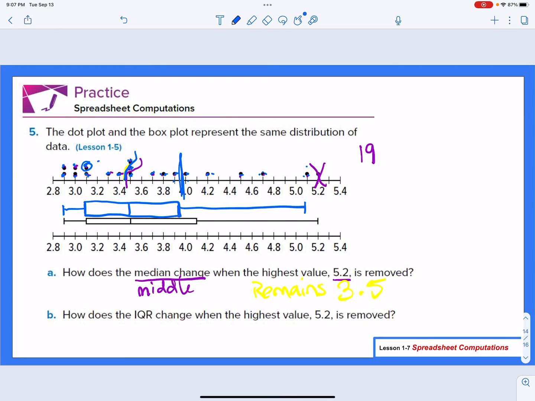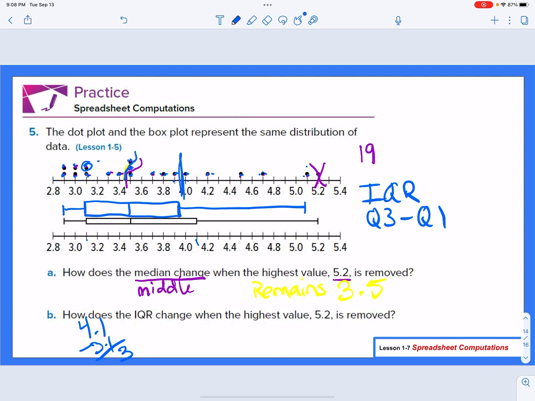Okay, so how does the interquartile range change? Well, before, remember the IQR is Q3 minus Q1, right? Which I messed up in my first lesson, but I fixed it up later on. So initially, our Q3 was here at 4.1 minus 3.1.